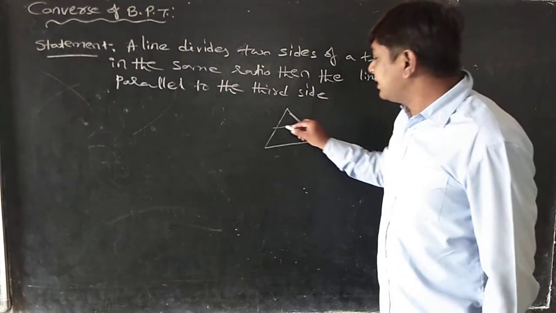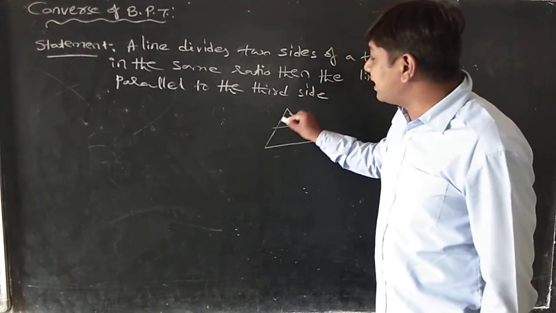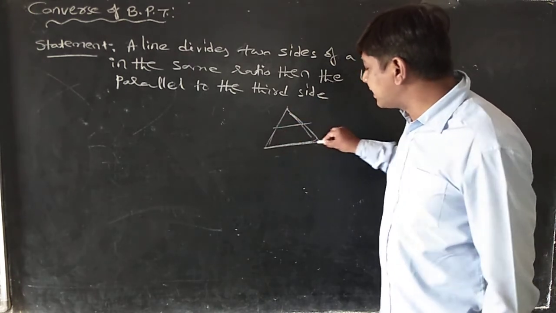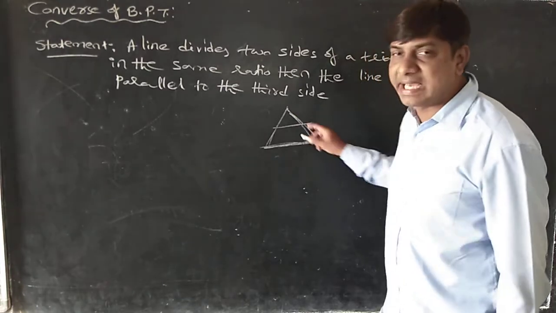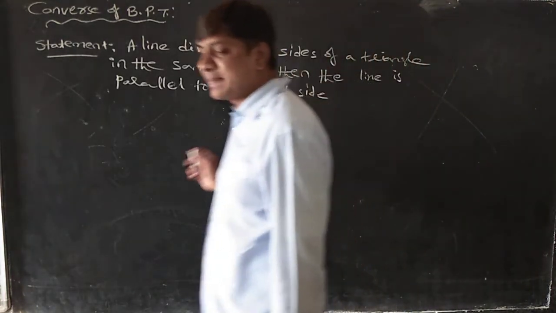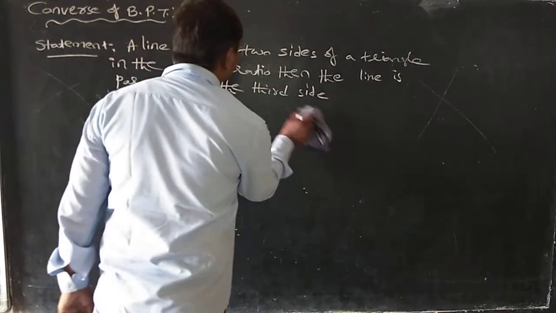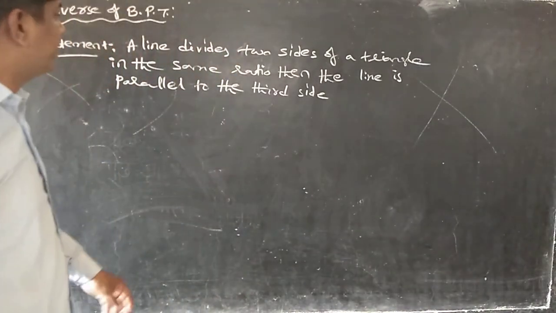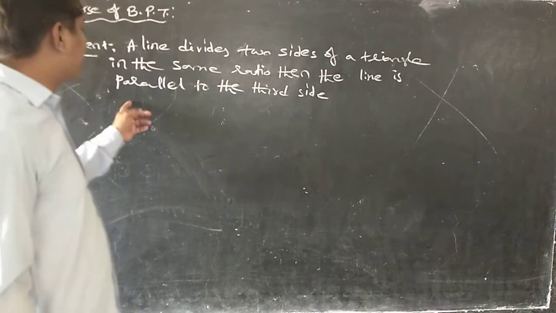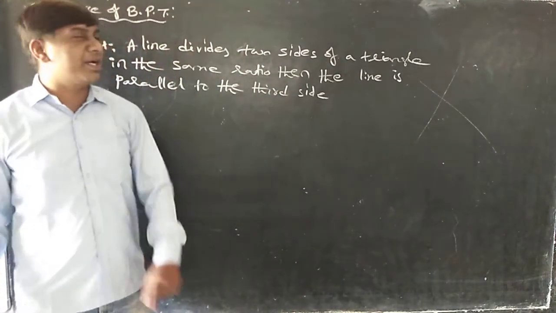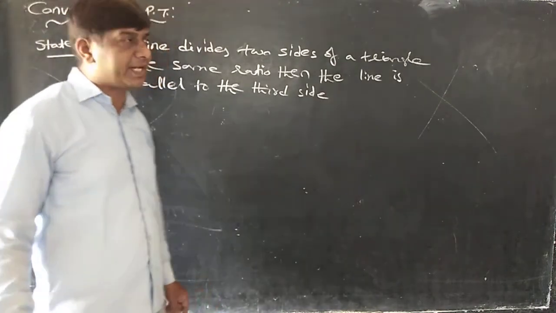Then this line is also parallel to the third side, other than these two sides. This is your statement of the converse of BPT.